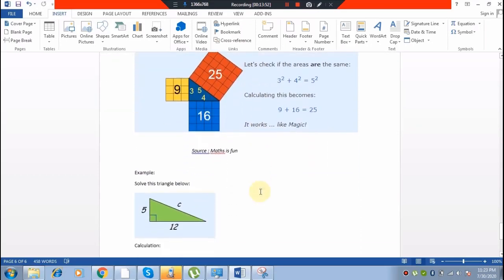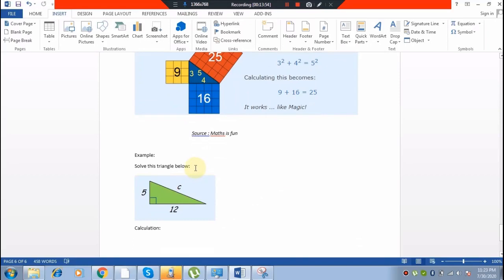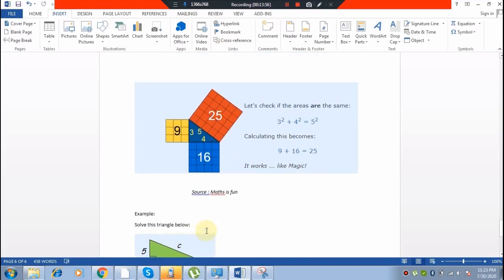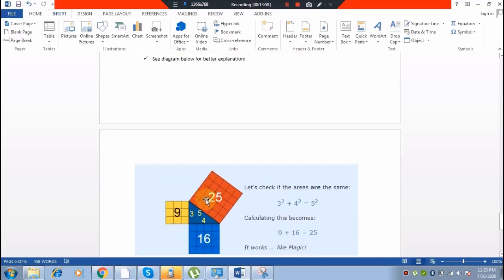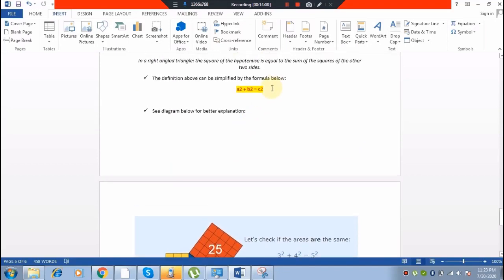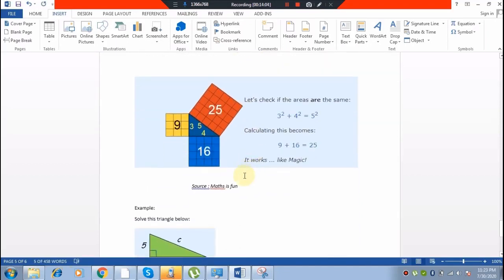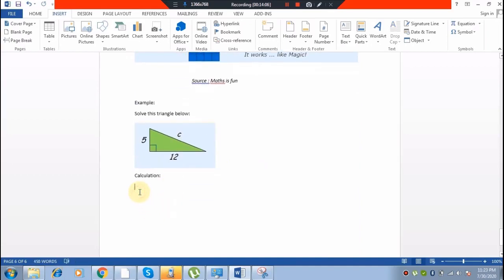Then we want to solve a triangle as an example, right? Again, we're going to use our formula there. I'm just going to copy that to make my life easy. So we want to solve for that. We're saying that this side, which is our height, squared, plus this side squared should equal that.